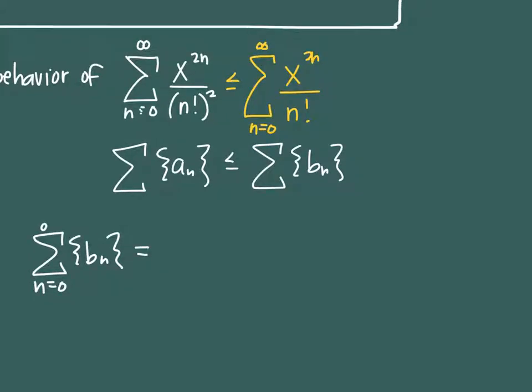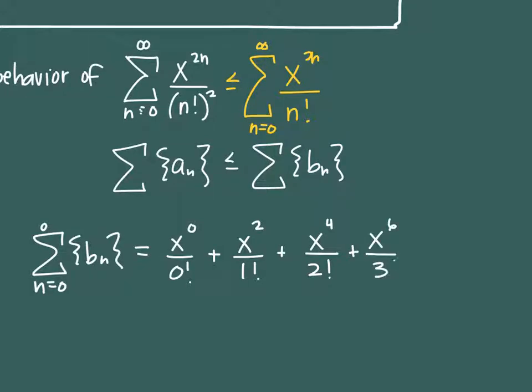All right, the terms of this B series work out to be, if I just start plugging in 0, I'm going to get x to the 0 over 0 factorial. Then I'm going to get x to the second over 1 factorial. Then x to the fourth over 2 factorial. X to the sixth over 3 factorial, dot, dot, dot.